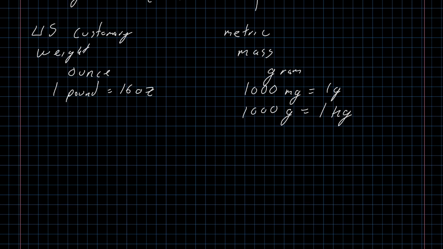The nice thing about the metric system is that the conversions are all the same. If you put an M in front of the unit, that means you divided it into 1,000. If you put a K in front of the unit, that means you multiplied it by 1,000.